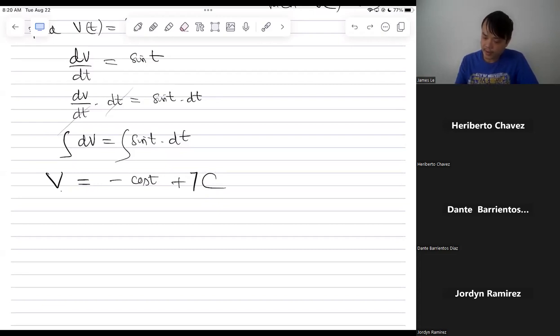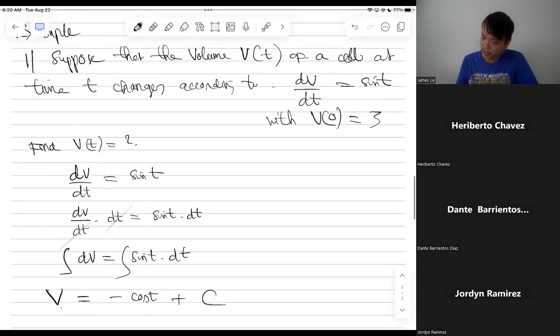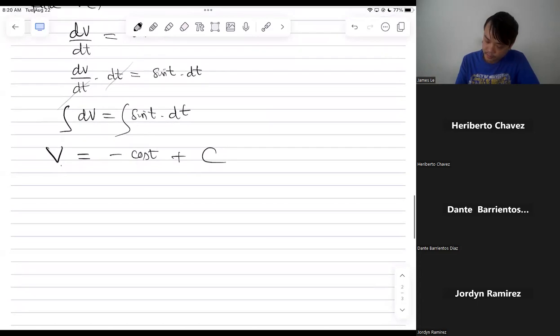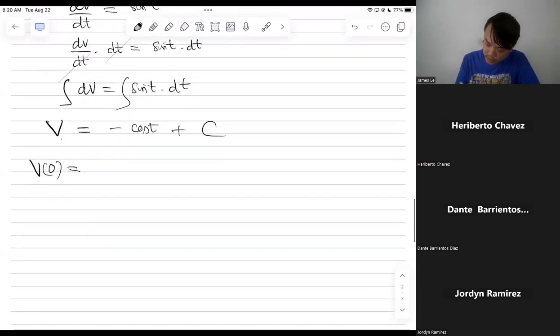So if I write C plus C here, with the initial condition v of 0 equal 3, I need to find C. So I put in the initial condition v of 0 equal 3 to find the value of C.